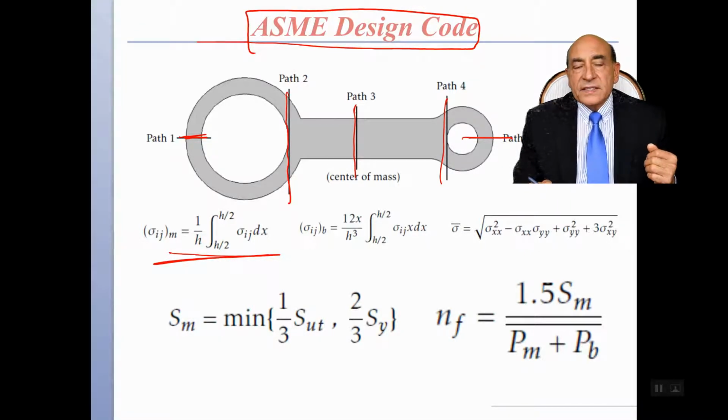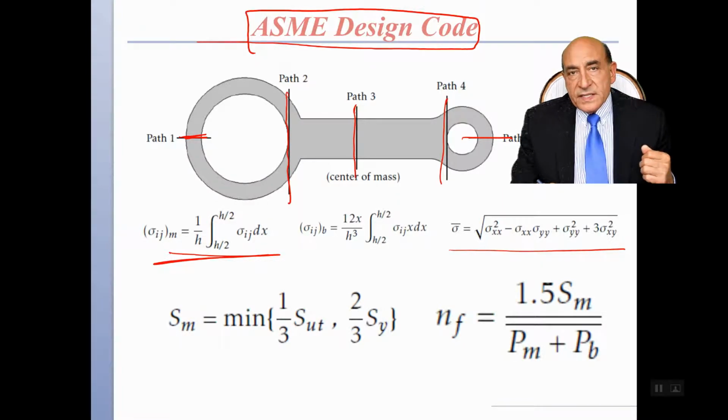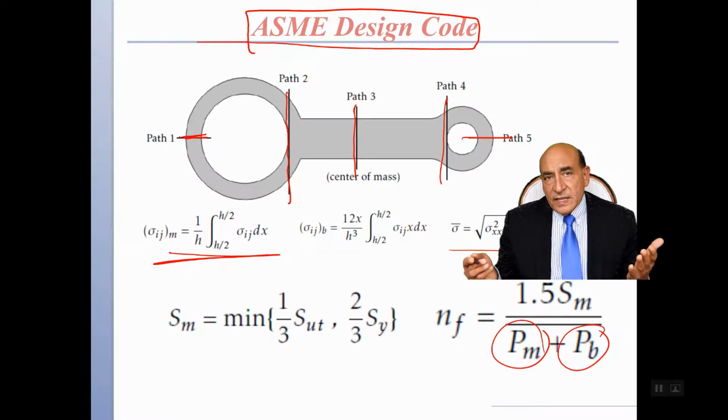We'll get into that in the design, and they are combined by the von Mises type criterion. And once we get these so-called stress intensities, P is a stress intensity, which is like a stress based on von Mises, has membrane, it has bending.